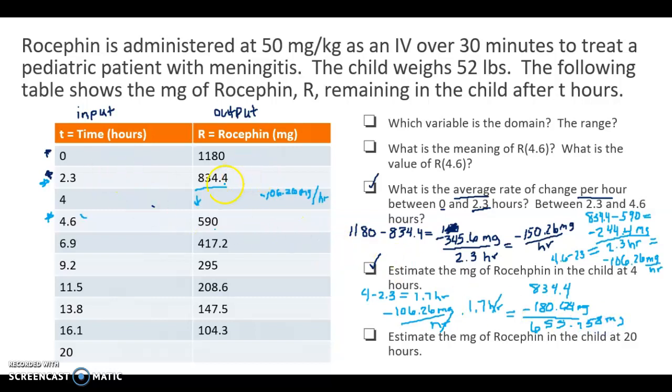So, in my chart, at the 2.3 hour mark, they were at 834, and we estimated that at the 4-hour mark, they will be at 653.758. And that makes sense because we know that they would be going down. And specifically, we had calculated here that they were going down at an average rate of 106.26 per hour. 4 hours is a bit more than 1 hour, almost 2 hours away from our last measurement. And so we get this value, and that seems to be in the right range.